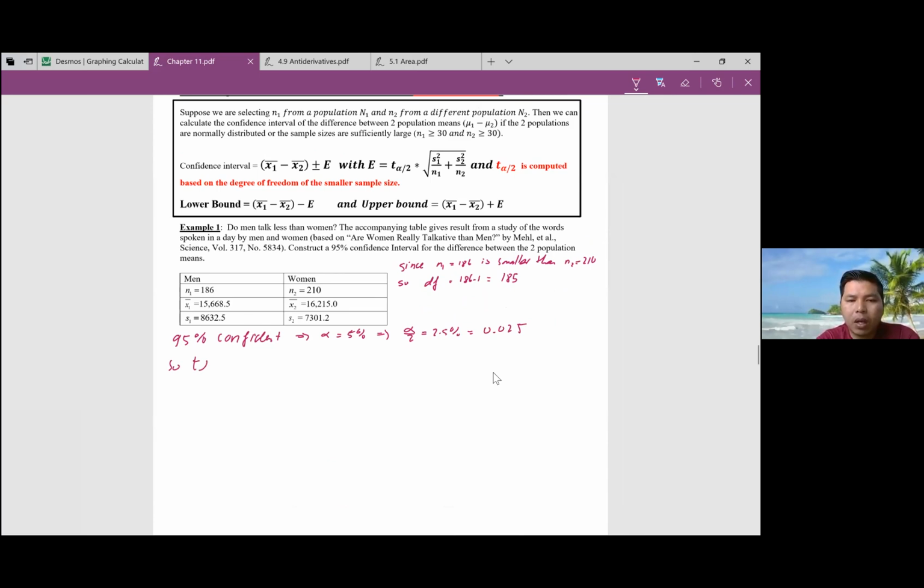So T alpha over 2 is equivalent to T of 0.025, and this pretty much gives us inverse T of 1 minus 0.025, comma 185. So it depends on the degree of freedom of the smaller size.